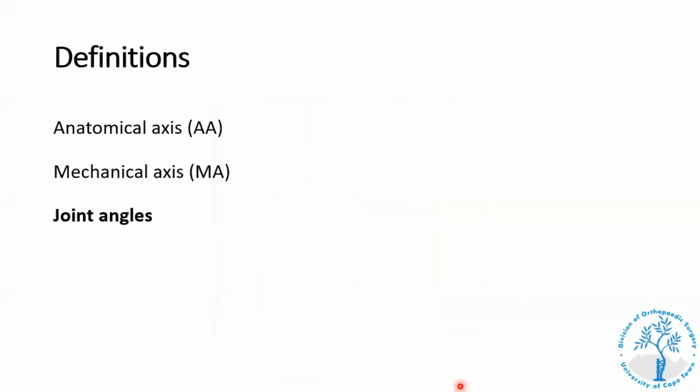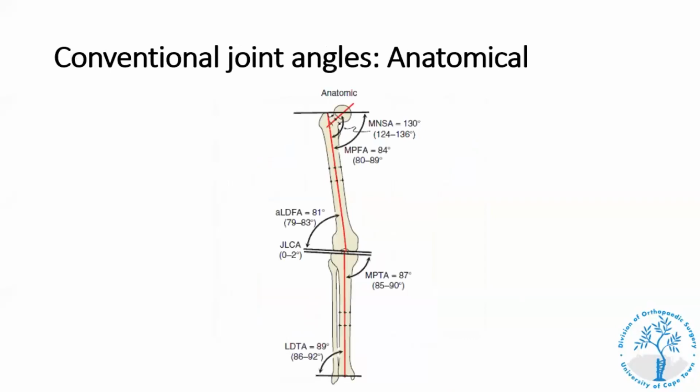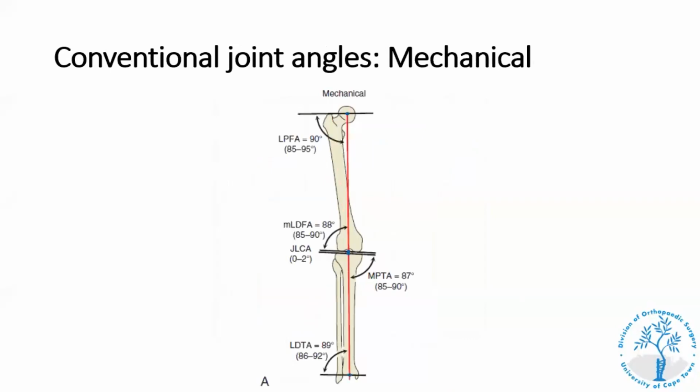Joint angles. This is the angle of your joint in relation to the axes, whether anatomical or mechanical. So you can have your conventional joint angles with the anatomical axis, as we see here, and your conventional joint angles with the mechanical axis.